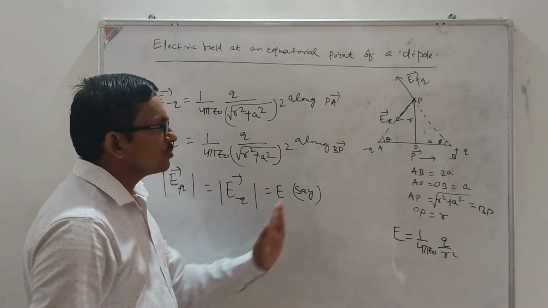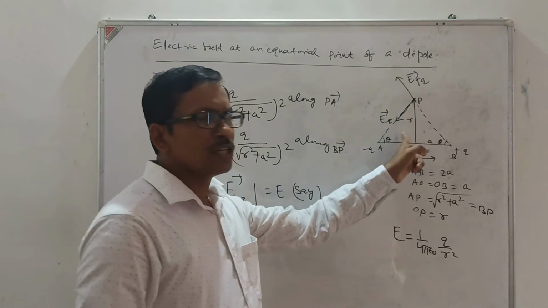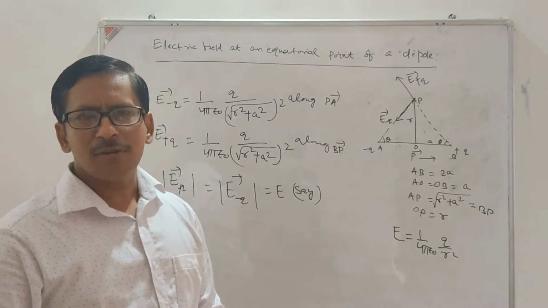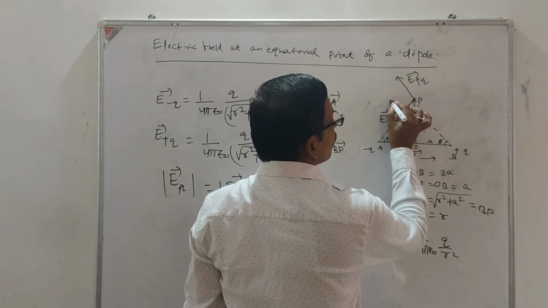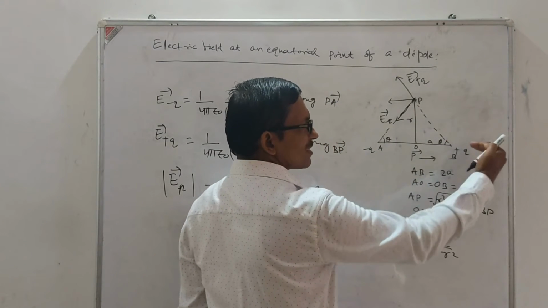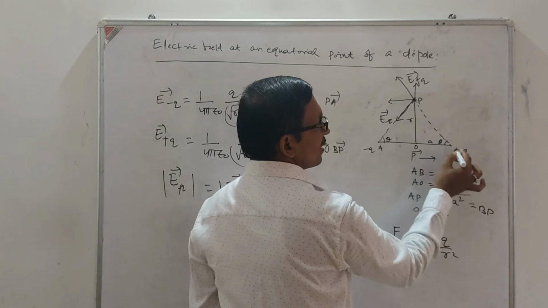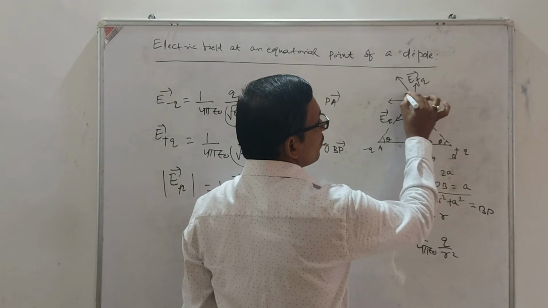So now we can resolve these two vectors, E plus Q and E minus Q, into two rectangular components. This vector can be resolved into two components, one parallel to the dipole axis, another perpendicular to the dipole axis. Say this angle is theta.